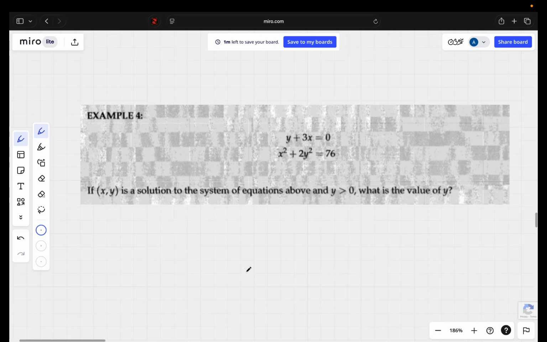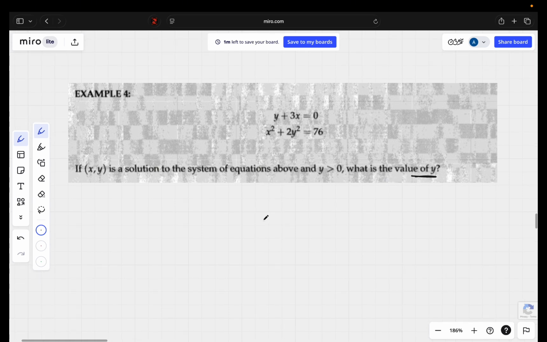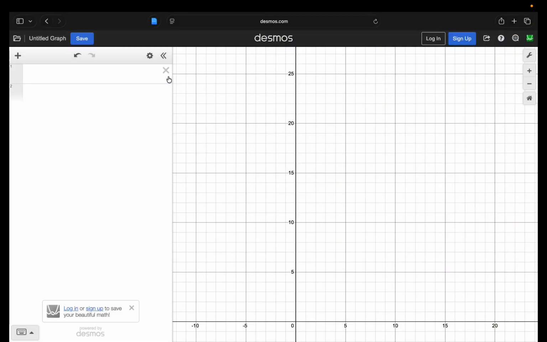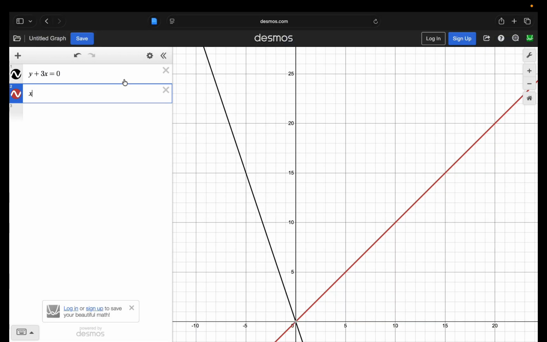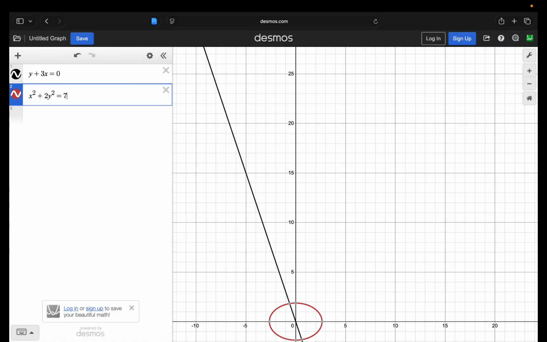Example 4, it says we have one solution, we want the value of y. Okay, so again, we can use Desmos for this. y plus 3x is equal to 0, and the second equation is x squared plus 2y squared is equal to 76.